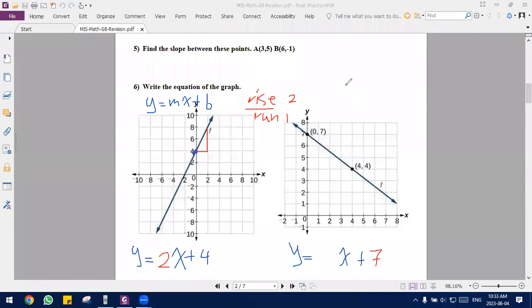So y2 is 4, minus y1 is 7, over x2 is 4, minus x1 is 0. 4 minus 7 is minus 3. 4 minus 0 is 4. So for the slope here, as you see, the line is going down, so the slope has to be negative. So it's minus 3 over 4. This is the equation of the line.